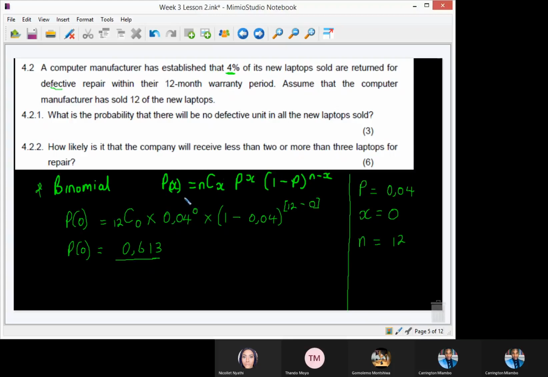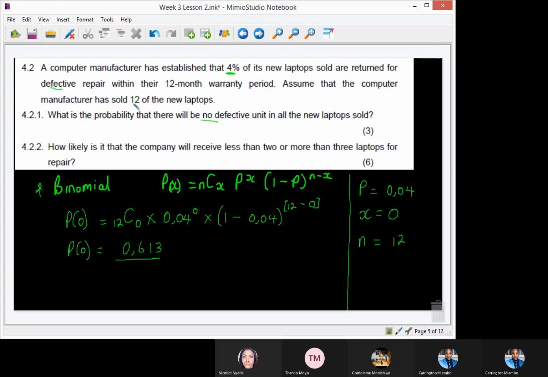Then you write your formula for binomial. Probability for x is equal to nCx, probability p to the power x, open bracket, 1 minus p, to the power n minus x. Then you write your p, which is 4%, as a decimal, 0.04. Then you write your x. The question is saying there will be no defective, which means it's 0.